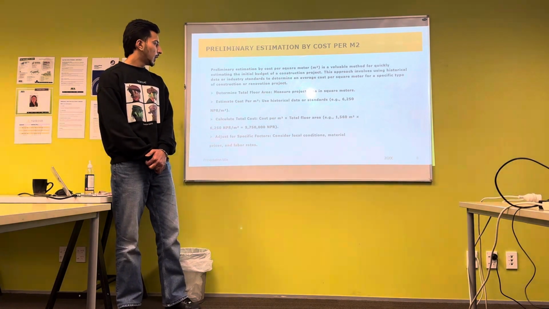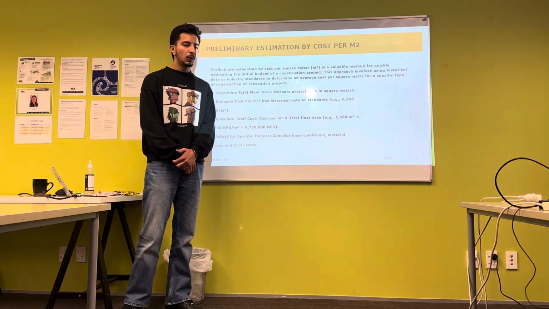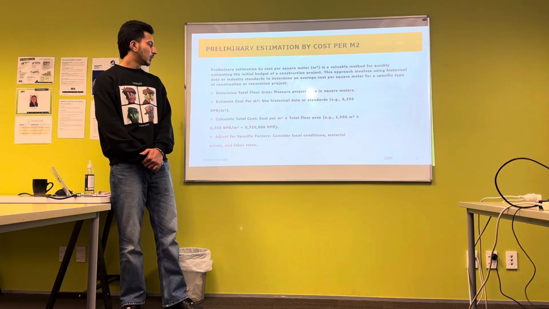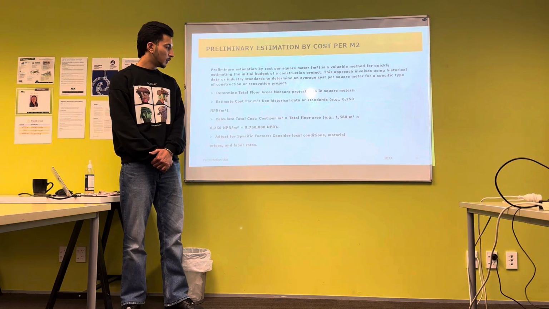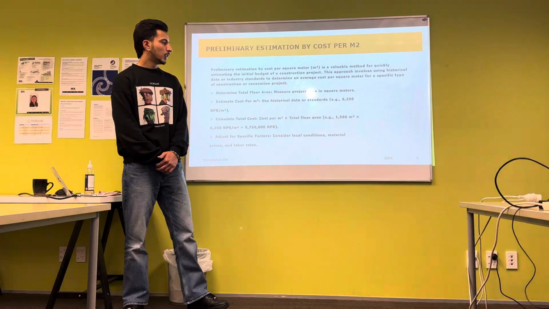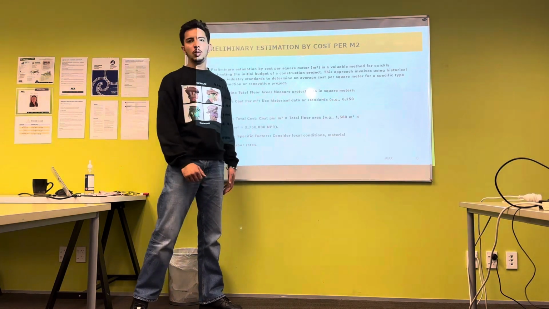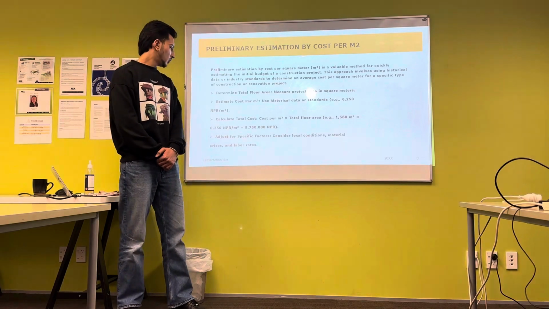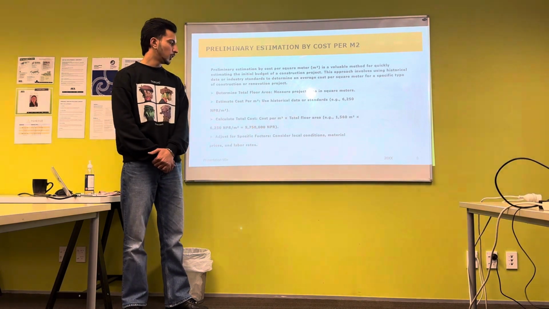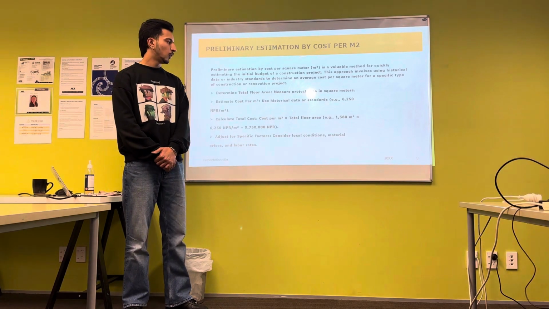To determine the total floor area, we have to measure the project area in square meters, and we can estimate the cost per meter square from the historical data or standards. Here we get this amount from the Cubic Cost Builder in New Zealand. To calculate the total cost, this is the formula: cost per meter square into total floor area.